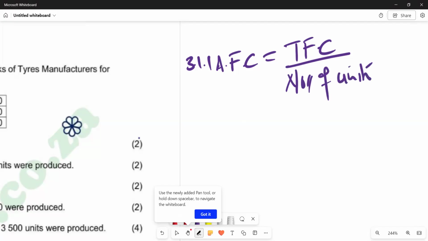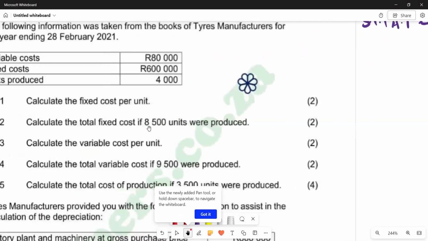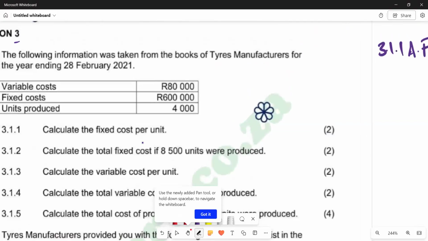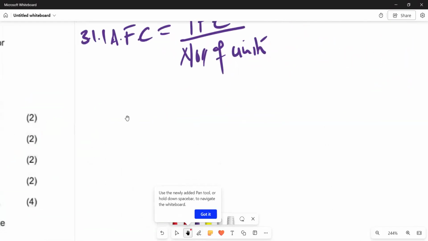If you go back to the table, you would see that we are given fixed cost of 600,000 and units produced 4,000. So we can substitute as such.